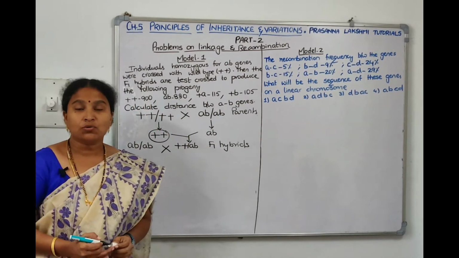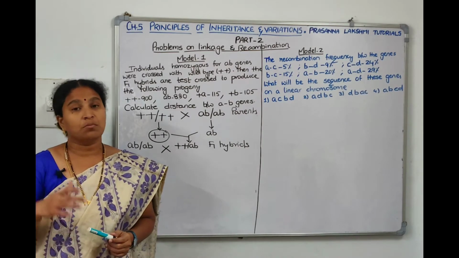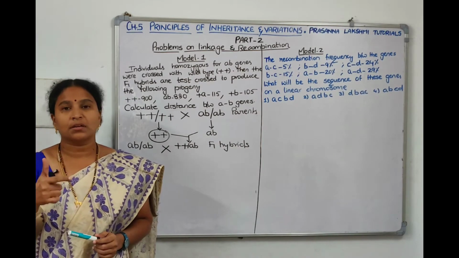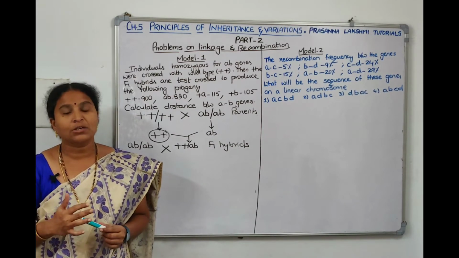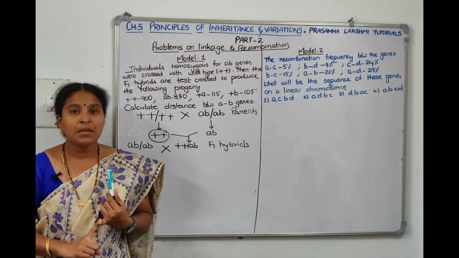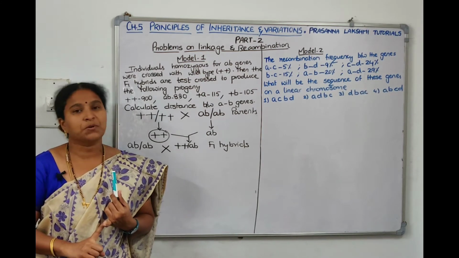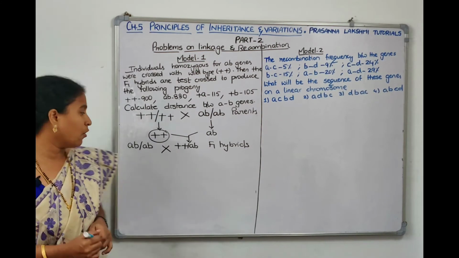Now Morgan worked on linkage and recombination. Morgan coined the term linkage, and he coined the term recombination. Morgan's student gave a formula to calculate the recombination frequency, which will help us to calculate the distance between the genes also. What is the formula?